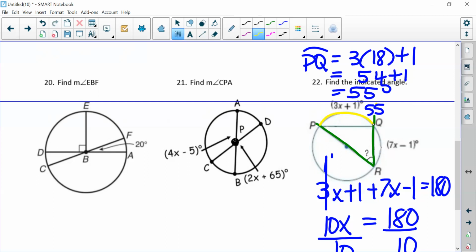By definition, to find the measure of an inscribed angle, we take the measure of the arc and divide it by 2, okay? So 55 divided by 2 is 27.5, which means that the measure of angle R is simply 27.5.